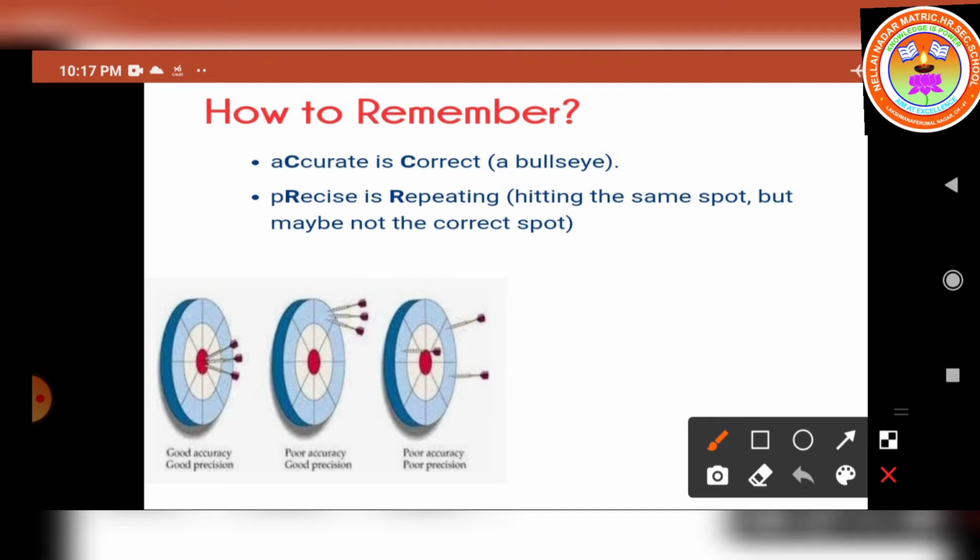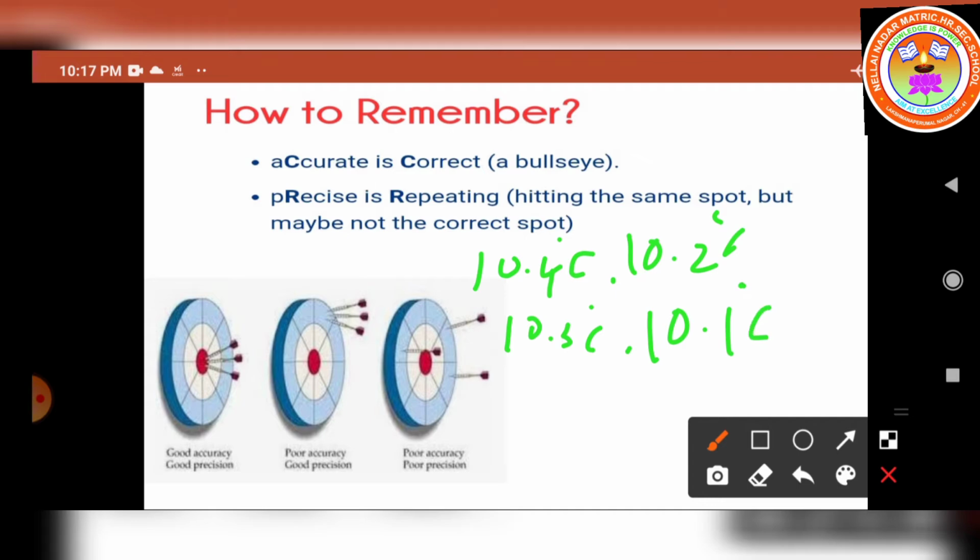Consider the temperature of a refrigerator repeatedly measured by a thermometer, given as 10.4 degrees Celsius, 10.2 degrees Celsius, then 10.3, then 10.1, 10.1, 10.1 degrees Celsius, like that.